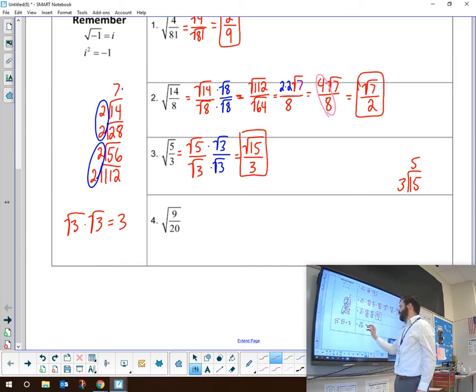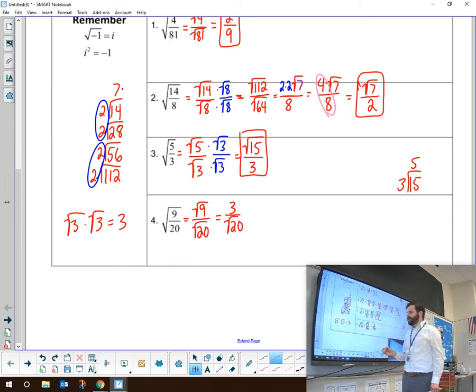So number 4, remember this is the square root of 9 over the square root of 20. Well, the square root of 9 is 3. Then I kind of have to decide, all right, what are we multiplying by? Well, I need to multiply by the square root of 20 to clear it out, right?